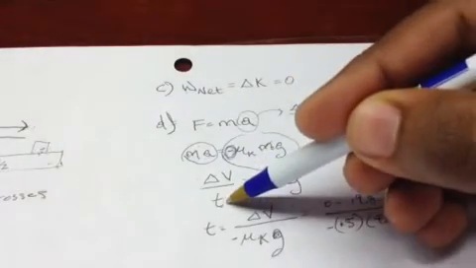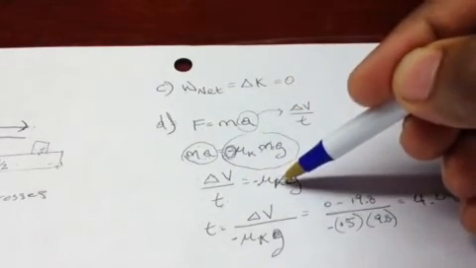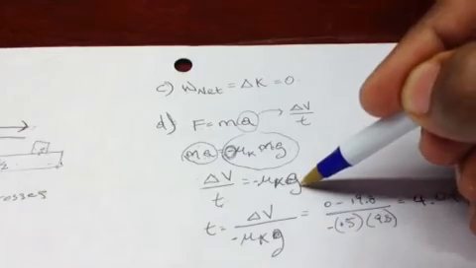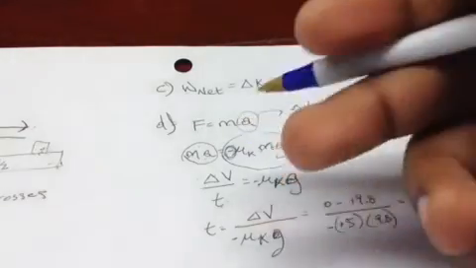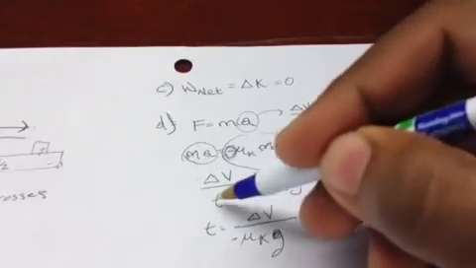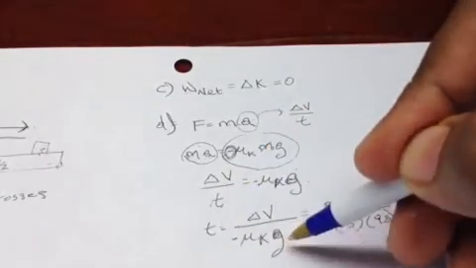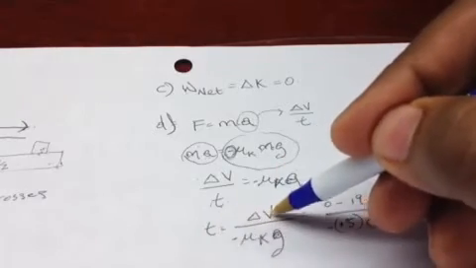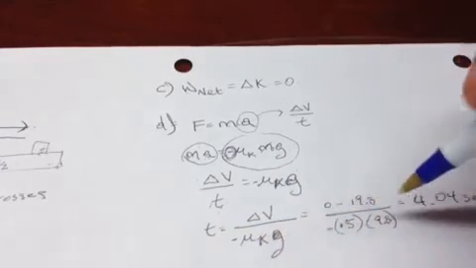The change in velocity over time is equal to negative mu k times g. And now we can cross multiply, bringing the time over here and the mu k g underneath the delta v, and that gives us time is equal to delta v over negative mu k g.